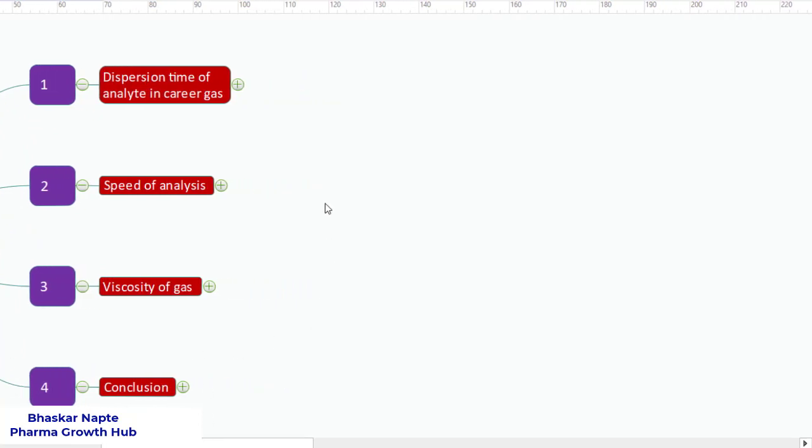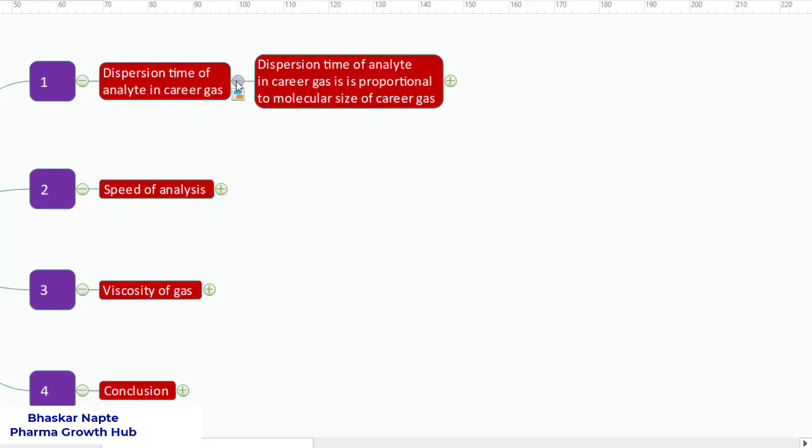So the first point is the dispersion time of analyte in carrier gas. The dispersion time of analyte in carrier gas is proportional to the molecular size of the carrier gas. Now before we compare this molecular size and the rate of dispersion, first understand what is meant by dispersion.